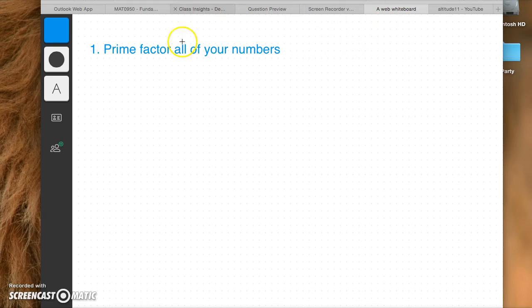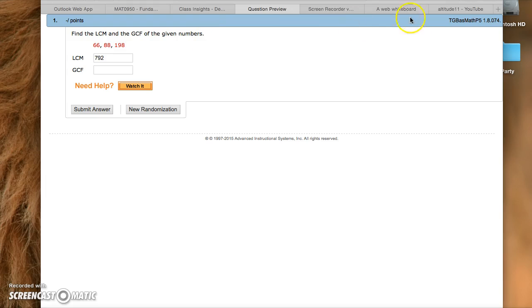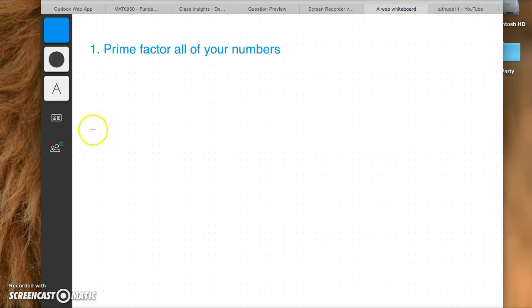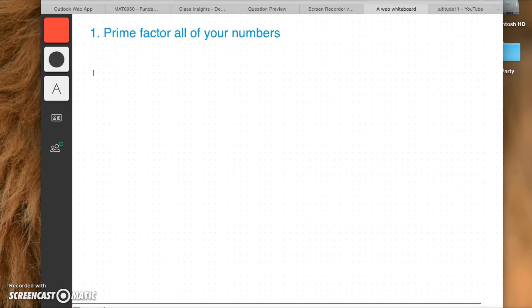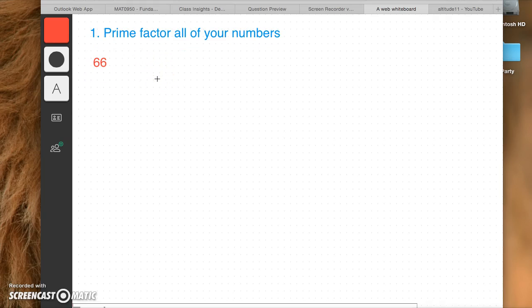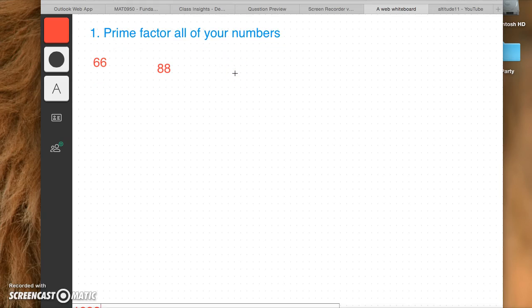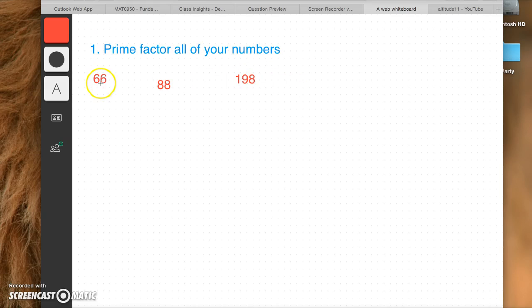So let's list all of our numbers really quick, recalling that they are 66, 88, and 198. So let's change our color. 66, 88, and 198. All right, so these are our 3 numbers.